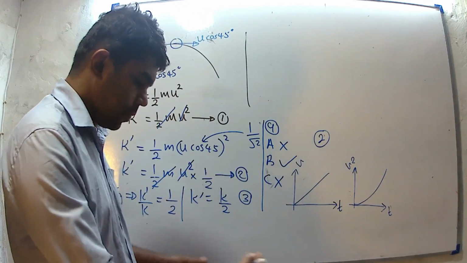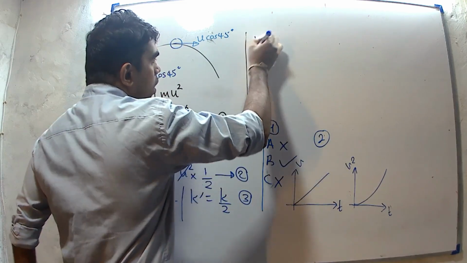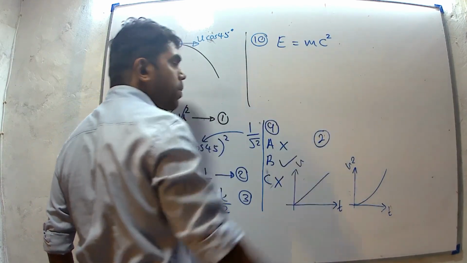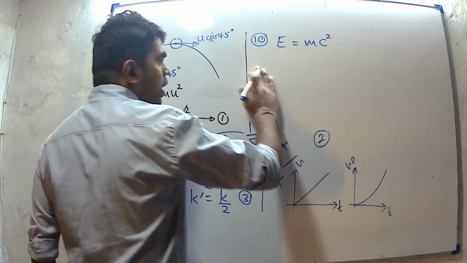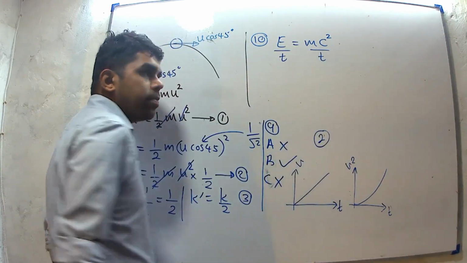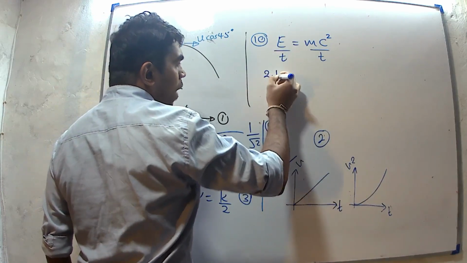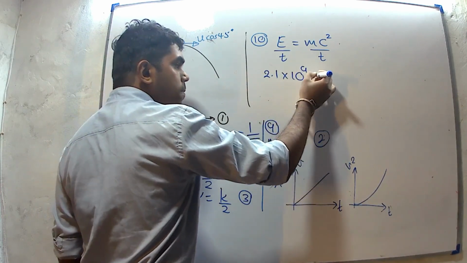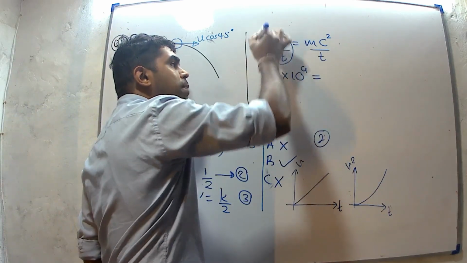Energy per second. We know that when converting mass to energy, we have to use the E equals mc squared relationship. Now they have given energy per second, so I will divide both sides by t. Now energy per second is 2.1 gigawatt. Giga value is 10 to the power 9. 2.1 gigawatt is power. Power means energy divided by time.